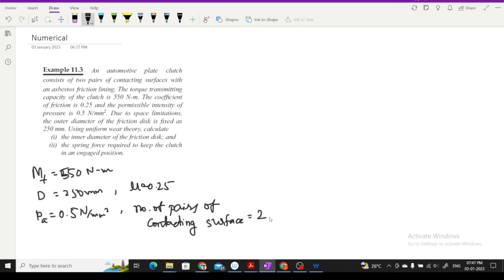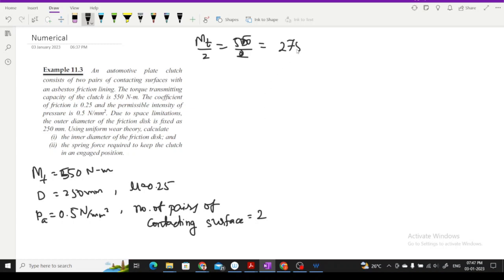So actually whatever equations we have derived are for only one pair of contact. So here we will consider the torque as Mt by 2 instead of this 550. This we will consider 550 by 2, which is 275.